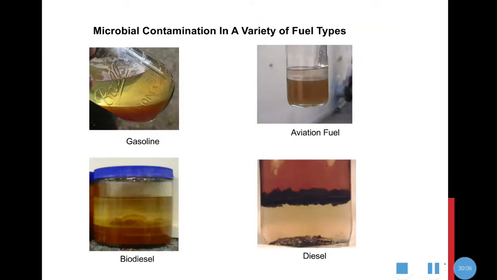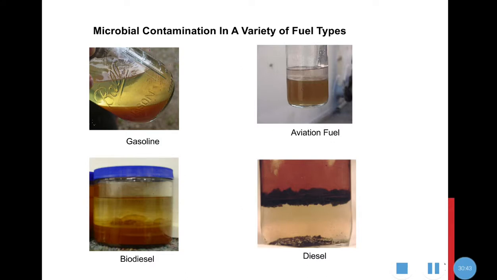So bila adanya aktiviti microorganism tu dalam pipeline, so kita boleh tengok microbial contamination in a variety of fuel types. Kita tengok dalam minyak yang kita alirkan melalui pipeline tu, bila kita tengok kita akan nampak contaminations of microbial in different ataupun variety fuel types. The first one is on the top left ni ialah dalam gasoline, kemudian dalam aviation fuel, dalam biodiesel dan juga dalam diesel.